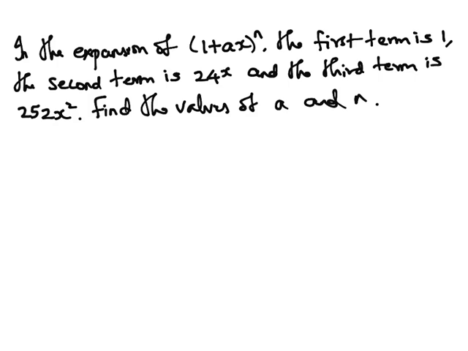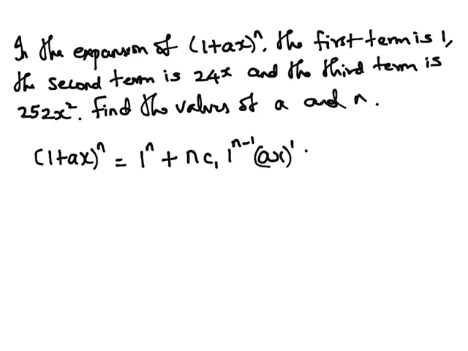Very simple. Let me expand. Here you need not use the general term. You just expand it and write the first 3 terms, which is what is needed for this problem. So you'll get (1 plus ax) power n is nothing but 1 power n, which is 1, plus nC1 into 1 power n minus 1 into (ax) power 1, plus nC2 into 1 power n minus 2 into (ax) the whole squared, plus it will go on.